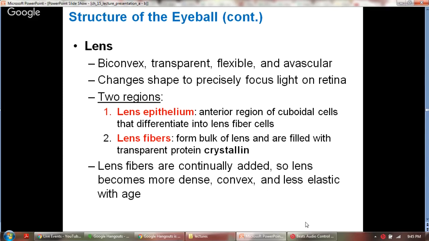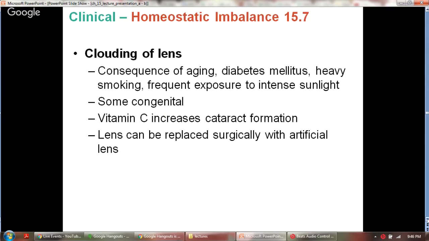The lens can be divided into two regions: the lens epithelium, which is the anterior region of cuboidal cells that differentiate into lens fiber cells, and the lens fibers, which form the bulk of the lens and are filled with a transparent protein called crystallin. Lens fibers are continually added, so the lens becomes more dense, convex, and less elastic as we get old. Clinically, we call clouding of the lens, which is a consequence of aging or diabetes or heavy smoking, frequent exposure to intense sunlight, and sometimes congenital.